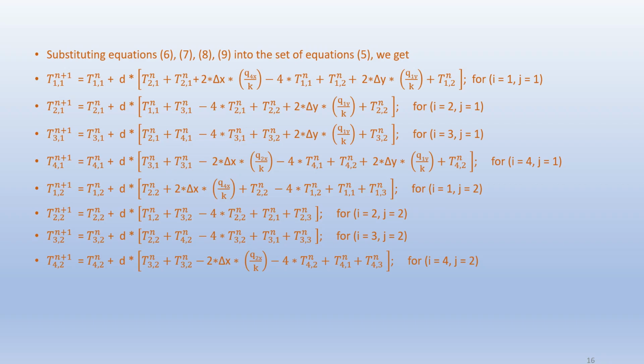Accordingly, for the node 1,1, T_11^(n+1) = T_11^n + d(T_21^n + T_21^n + 2Δx q_4x/k - 4T_11^n + T_12^n + 2Δy q_y/k + T_12^n), and so on for all the 16 nodes.